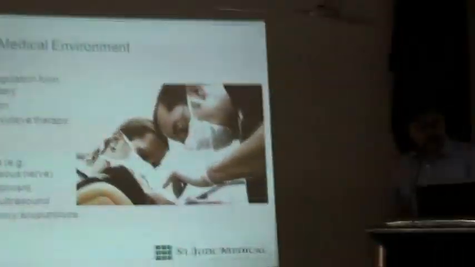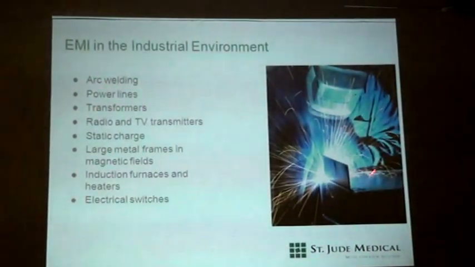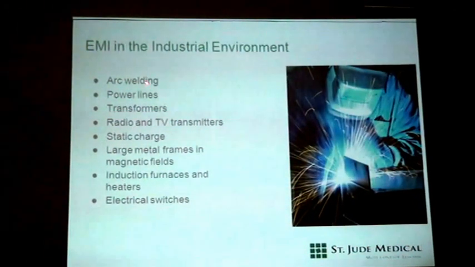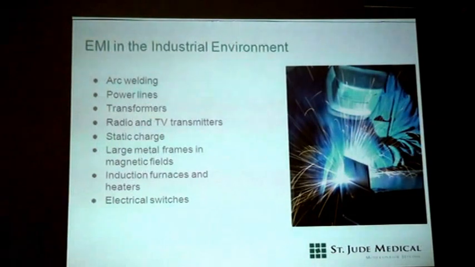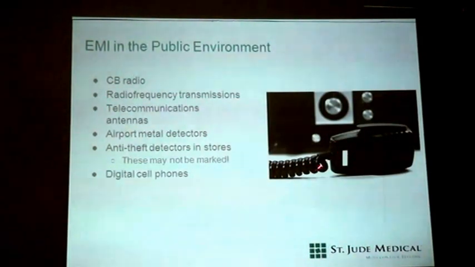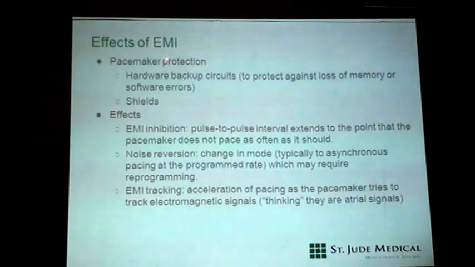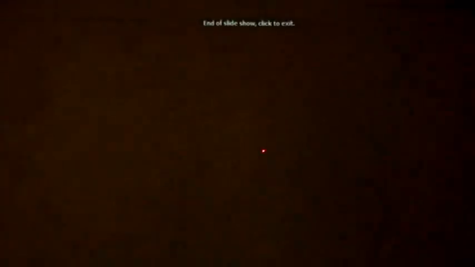But high-risk devices like arc welding are very important: avoid arc welding, power lines, high tension wires, radio and major transmitters, furnaces, and electrical induction furnaces. Commonly, avoid these and other sources of EMI.